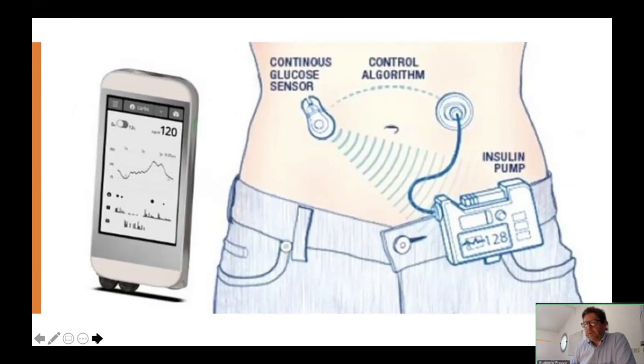The result of this is that many of these patients do not experience anymore the terrible consequences of diabetes, like amputations of feet or blindness, because they're able to keep their glucose in the proper range for more than 80% of the time.